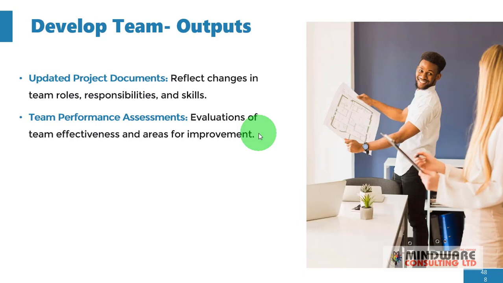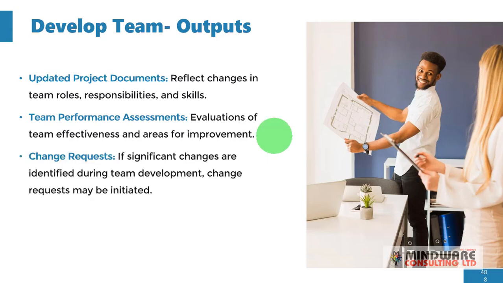So we're going to have to do those assessments for the purpose of gauging the status, or the level of effectiveness of the team and its individual members, and then coming up with means of improving effectiveness.